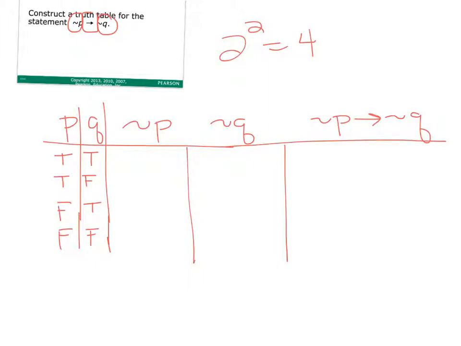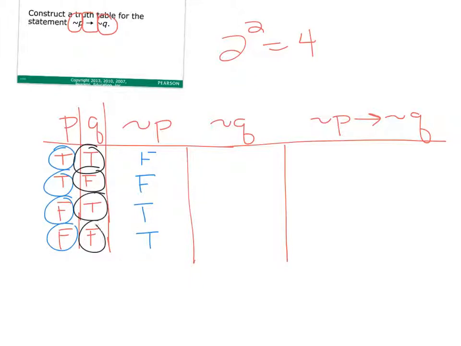Okay, so not P, you're just going to take the P column and reverse everything. So instead of true, true, false, false, you're going to have false, false, true, true. For column Q, you're going to look at your Q column. Instead of true, false, true, false, you're going to have false, true, false, true.